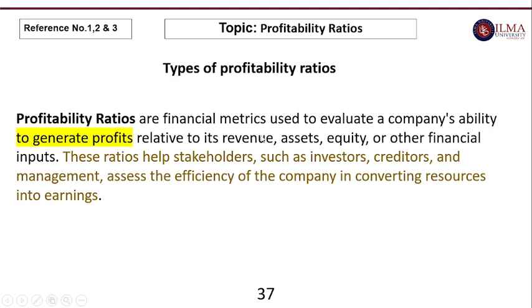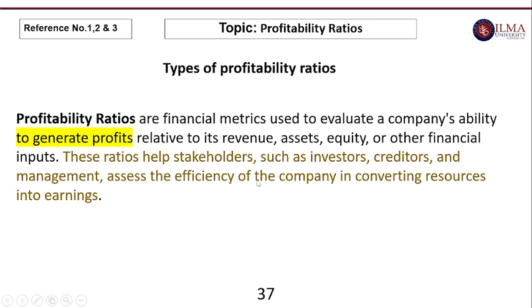Why is this very important? If there is an investor, with the help of the profitability ratio that investor will see the company's progress, current stability, and where the company is standing.